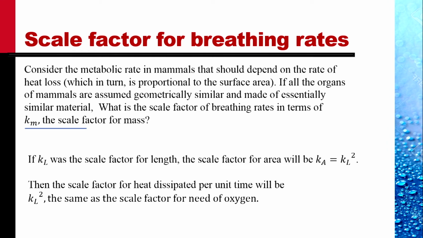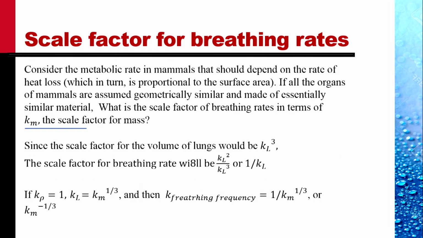This is the same as the scale factor for the surface area. So the scale factor for need of oxygen must be the same as the scale factor for area. Since the scale factor for the volumes of the lung would be like KL cubed, the scale factor for the breathing rate will be KL squared by KL cubed, or 1 over KL.